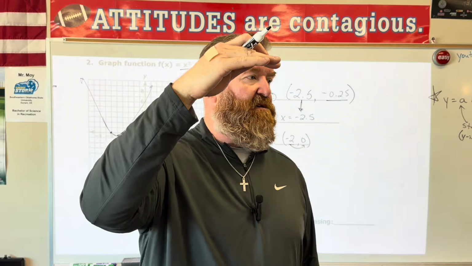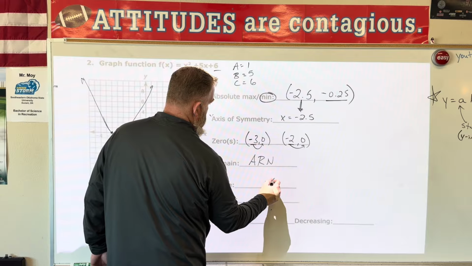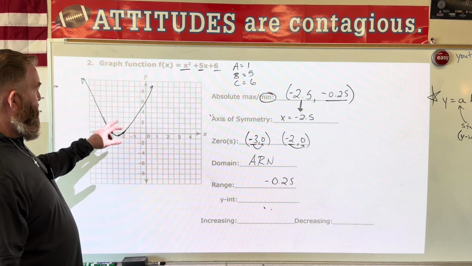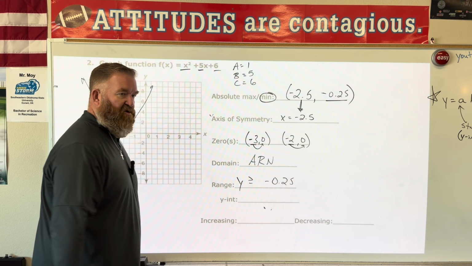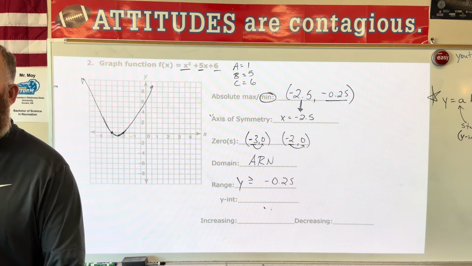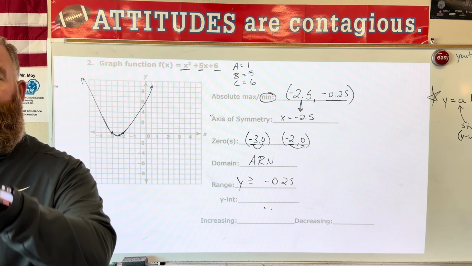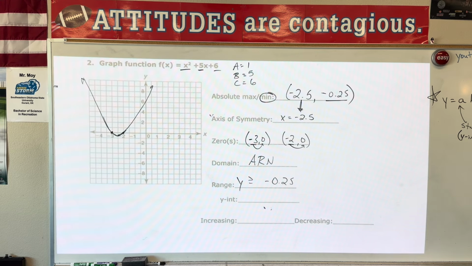So what's my y number there? Negative 0.25, right? Does it go up from that point or down? Y is greater than or equal to negative 0.25, because that's the lowest y point. Remember, range is bottom to top. We're thinking bottom to top.